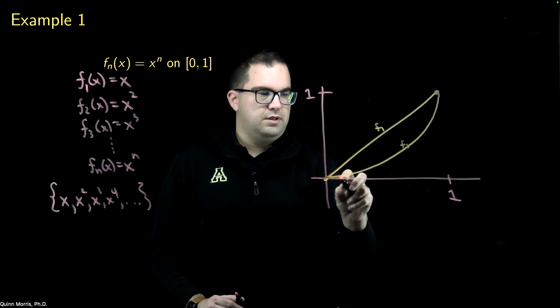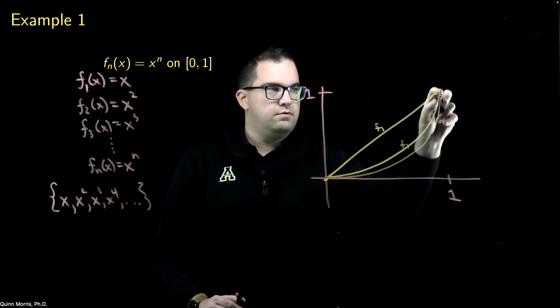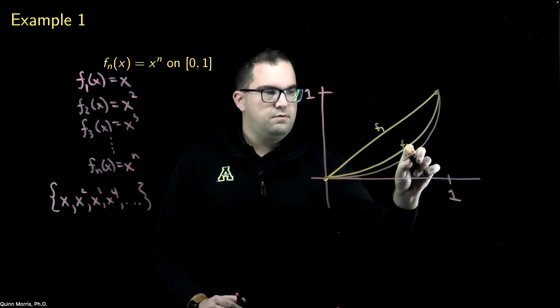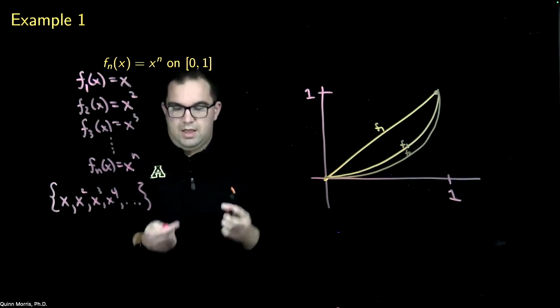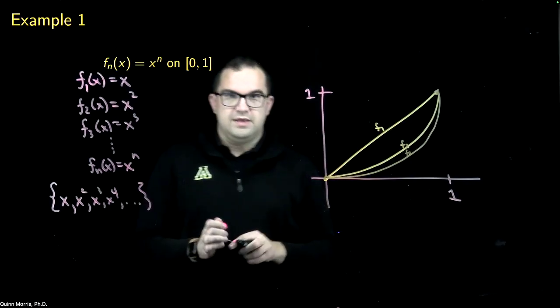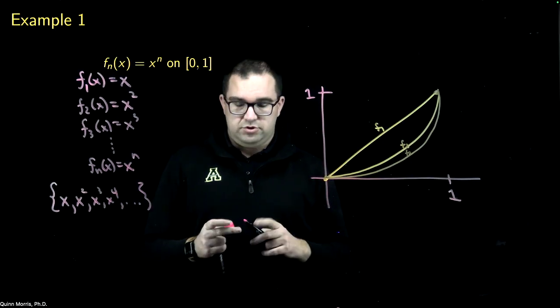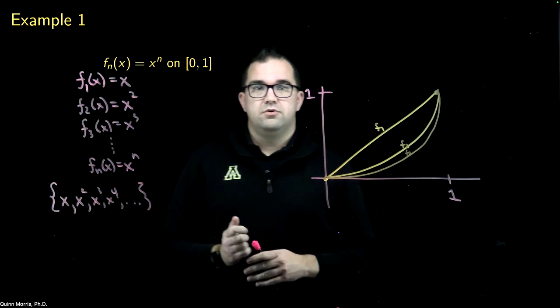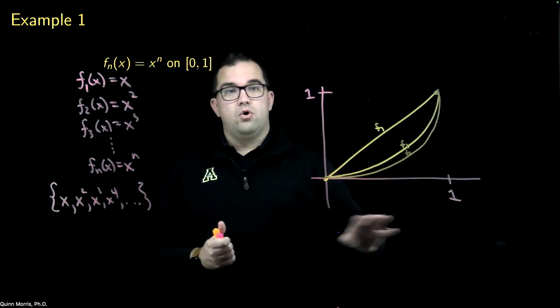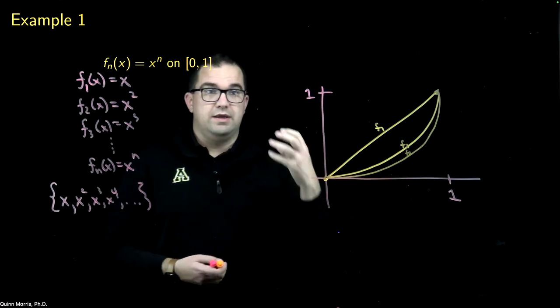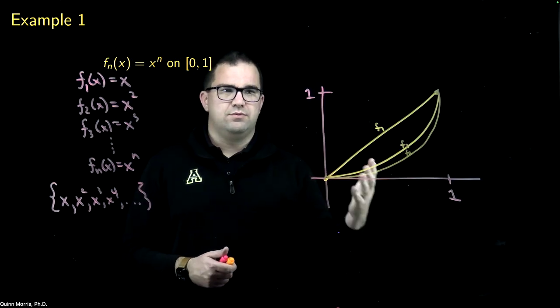My third function would be like an x cubed. And so on and so on. So I can begin to express and represent this sequence of functions in a number of different ways. I can simply write out the terms and arrange those in different ways. Or in this case, I can visually or graphically think about what this sequence of functions looks like.